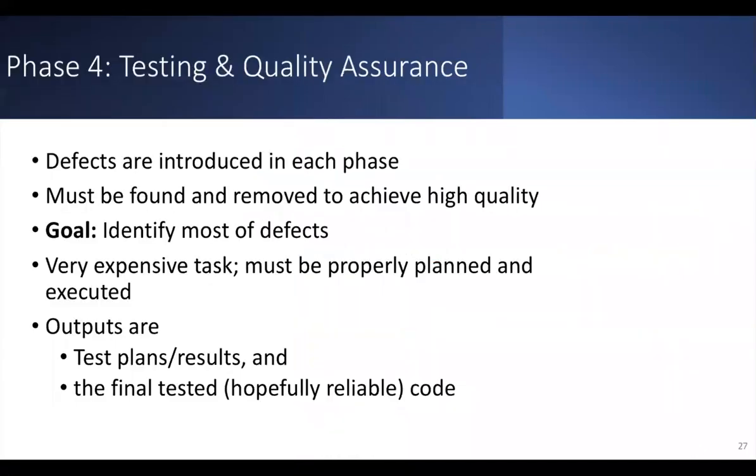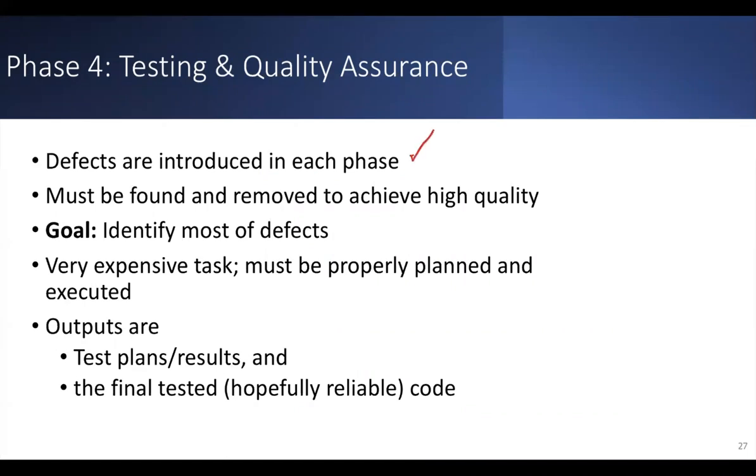Finally, after we code the software in a certain programming language, now we have to test the software and do quality assurance. In order to perform a testing phase and test the quality of the software, we have to know that defects are introduced in each phase.